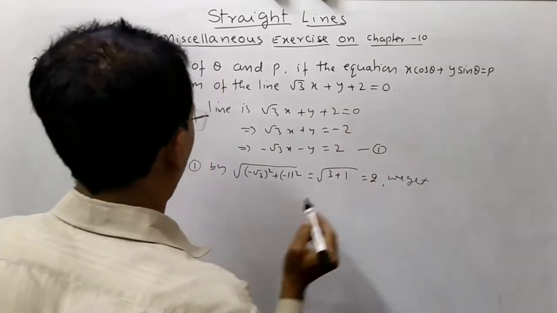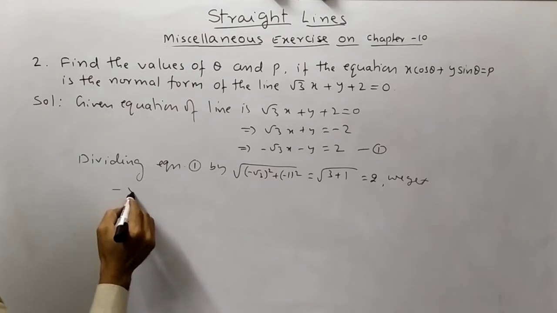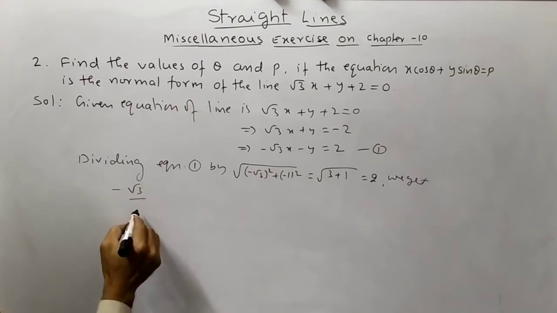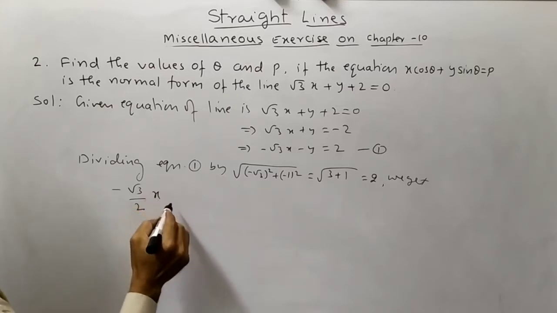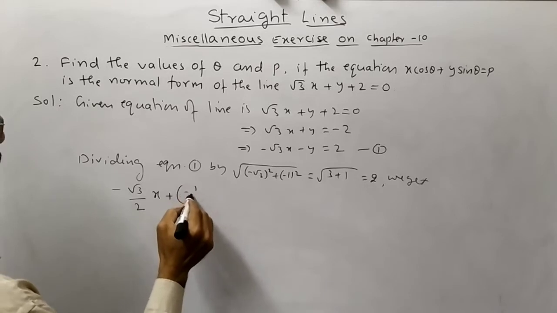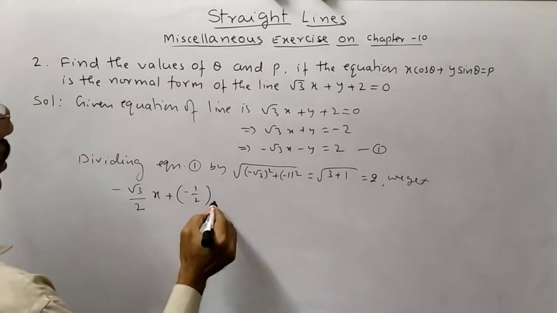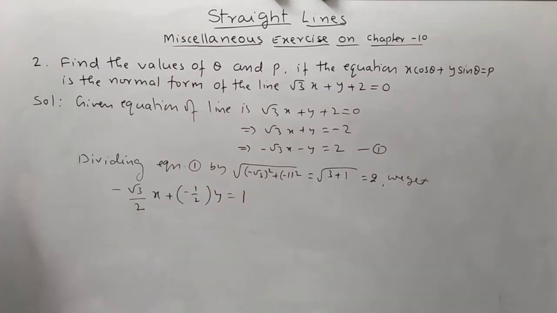We get minus root 3 divided by 2 into x plus minus 1 by 2 into y is equal to 1.